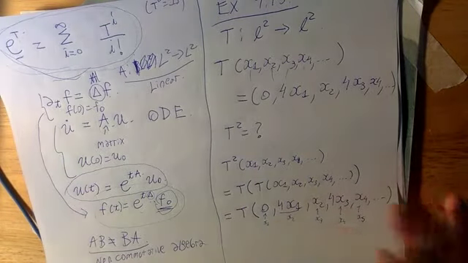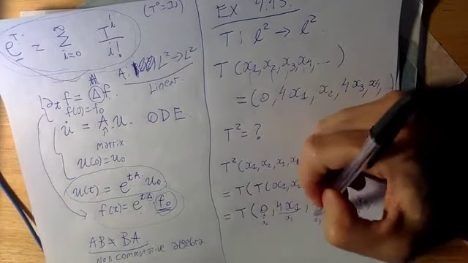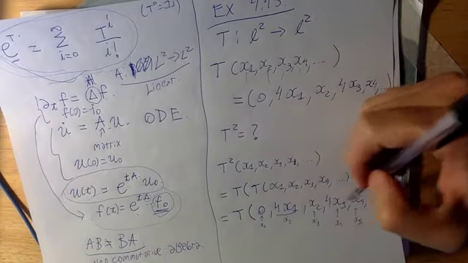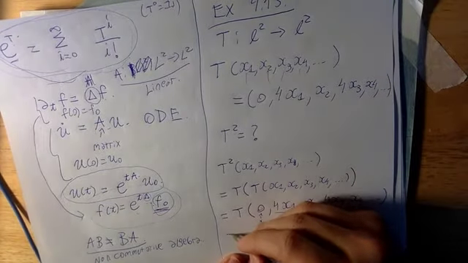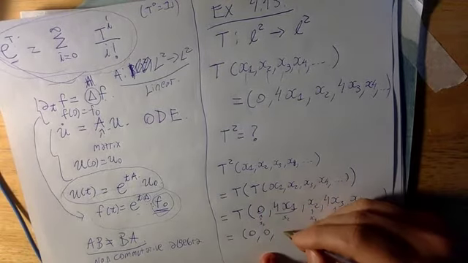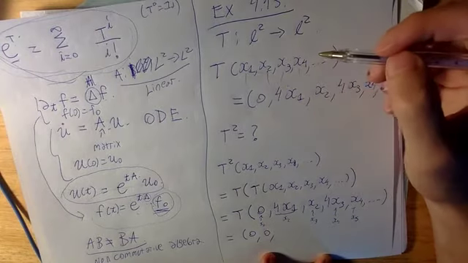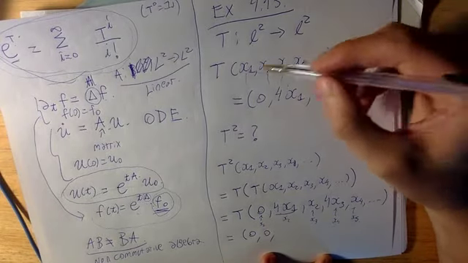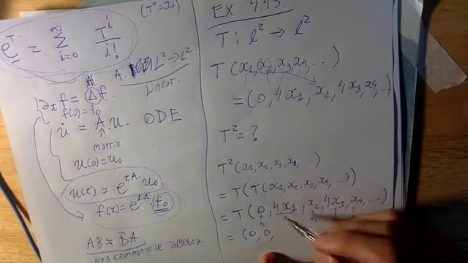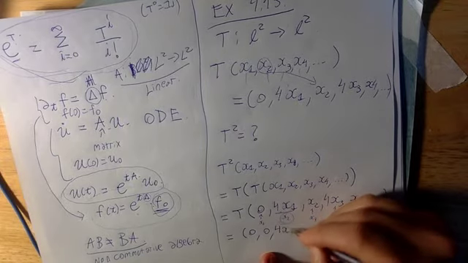So what do I have to do? I have to shift one to the right, and in the odd places I multiply by 4, and the even ones remain the same. So what I obtain is 0, 0, since the element in the second position just moves one to the right. So the element in the x2 position just moves one to the right. So this is 4 of x1.